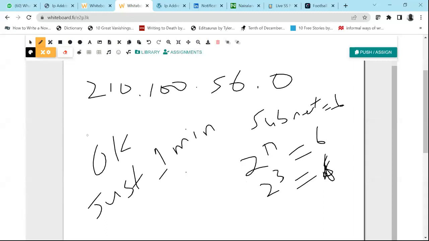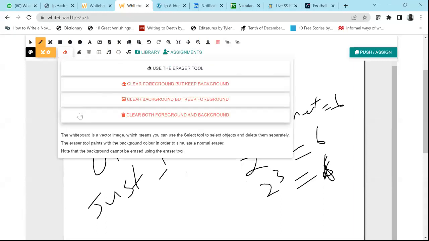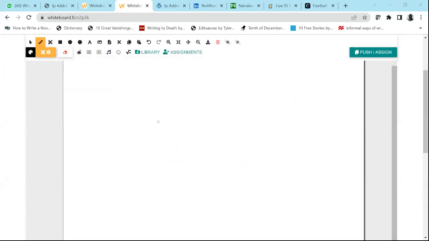We'll finish before 11 actually. Let me just clear this. So I wanted to move on to the next one. We have 210.100.56.0 and we are asked to subnet it into six subnets.